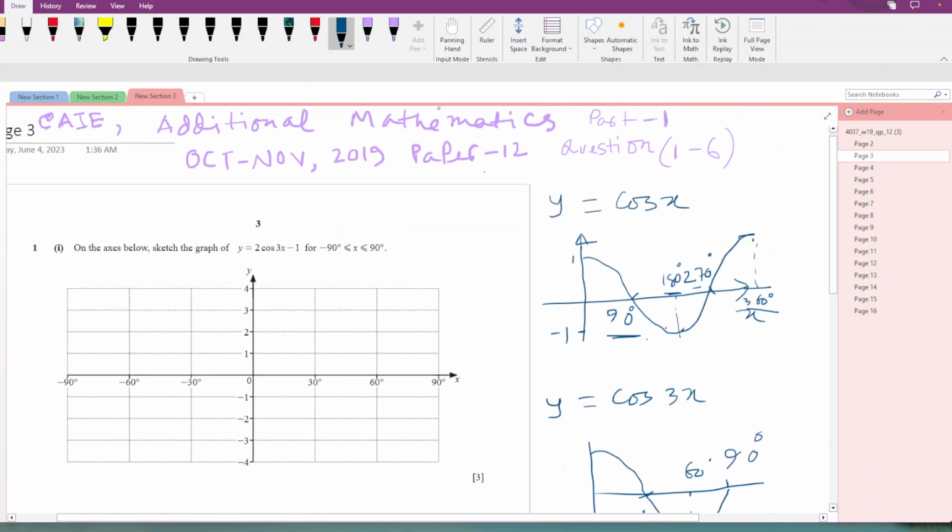If we do this, it appears like this. This is the graph of y equals 2 cos 3x minus 1.